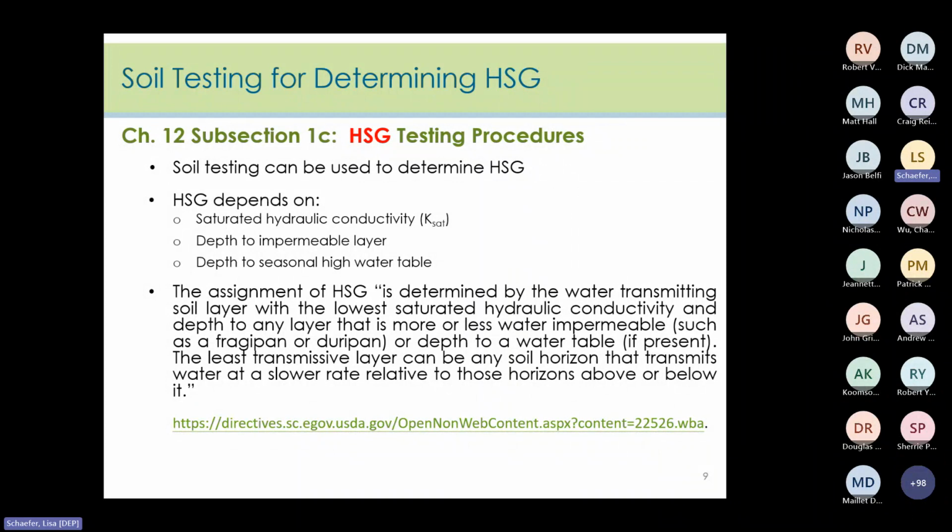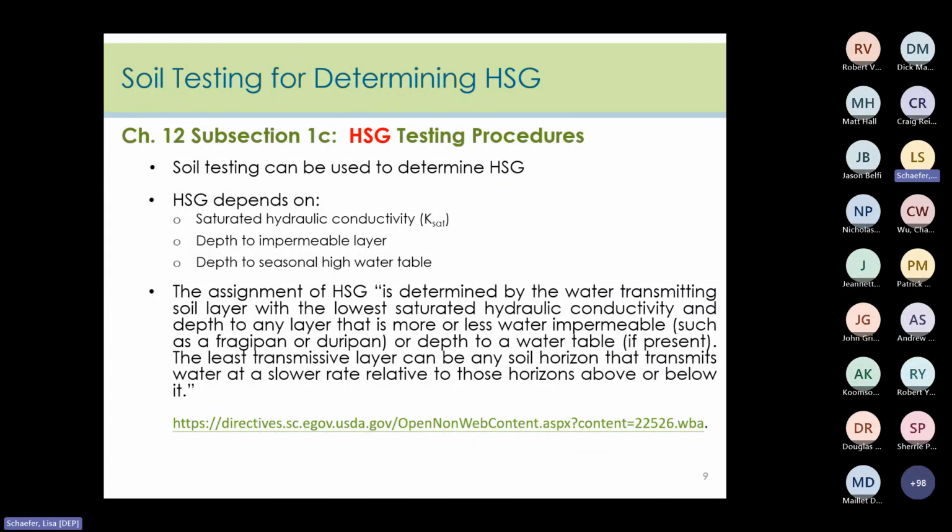It states that the assignment of HSG is determined by the water transmitting soil layer with the lowest saturated hydraulic conductivity and depth to any layer that is more or less water impermeable, such as fragipan or durapan, or depth to a water table if it's present. The least transmissive layer can be any soil horizon that transmits water at a slower rate relative to those horizons above or below it. Now you may use the links shown to view Chapter 7.